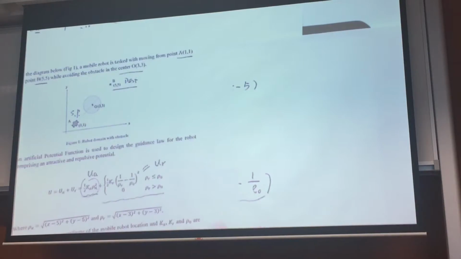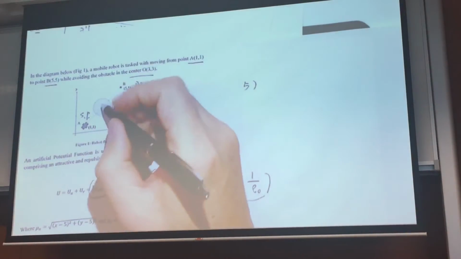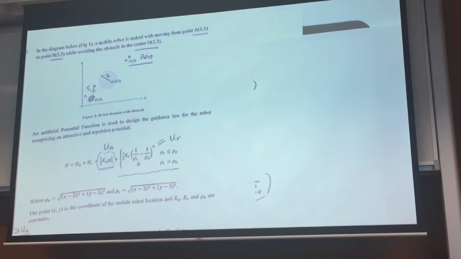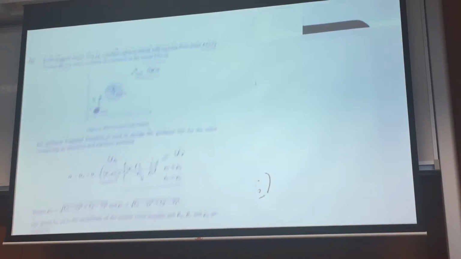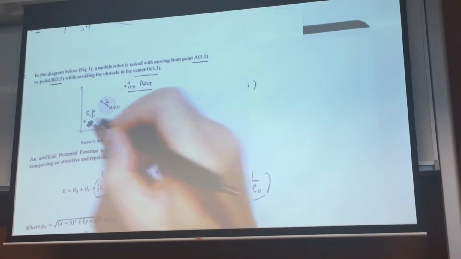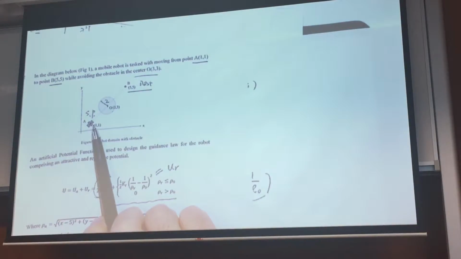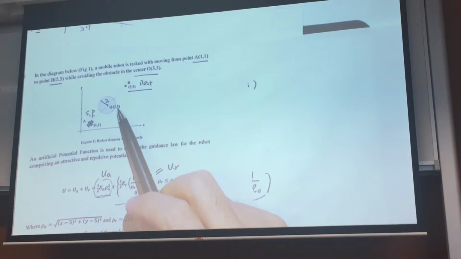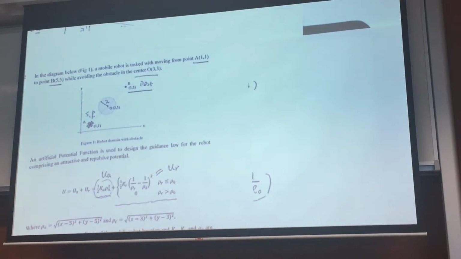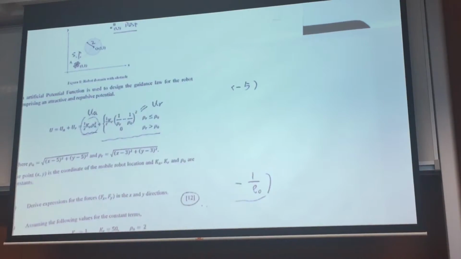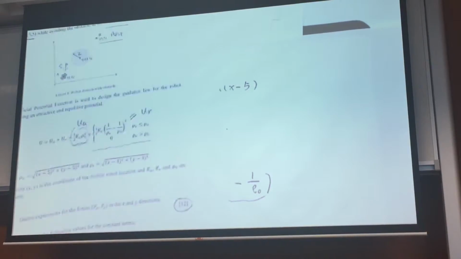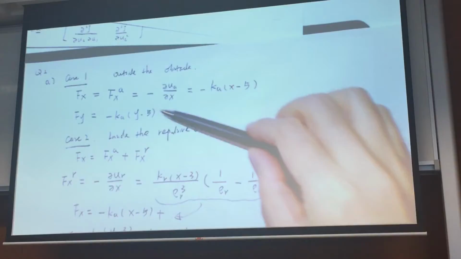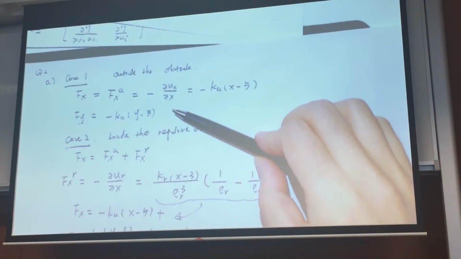So here we got the rho 0 equal to 2. So this radius is equal to 2. The first point is 1, 1. If you plot this one, you will know this point is actually outside the obstacle. For the vehicle to be outside the obstacle, you only need to evaluate this equation because the repulsive force is not active.